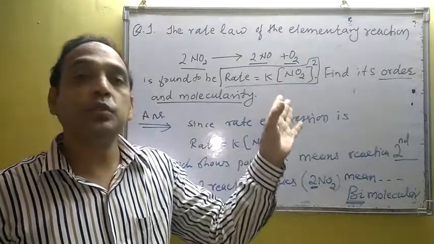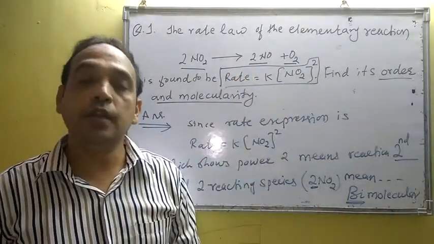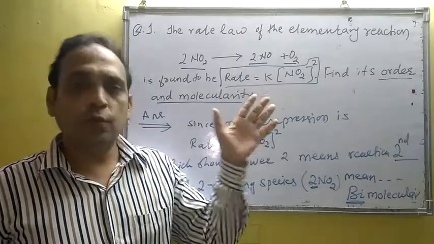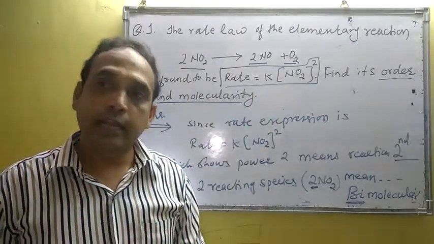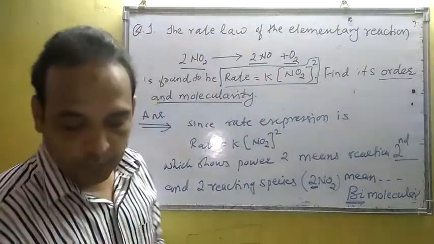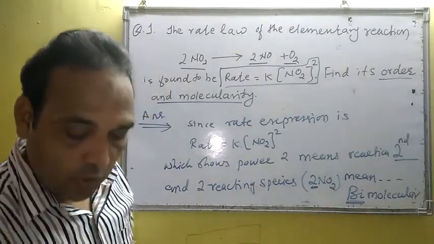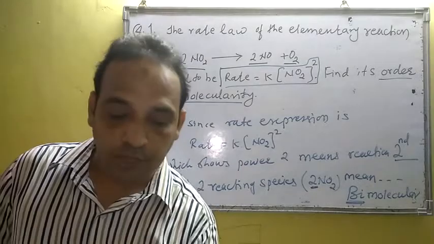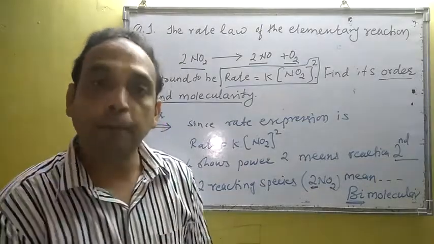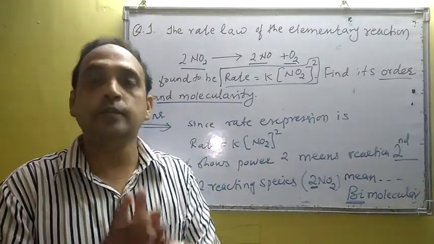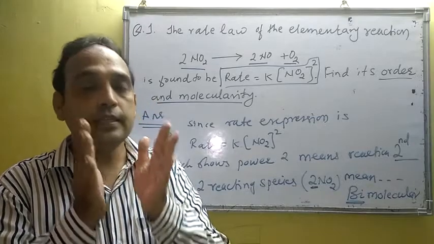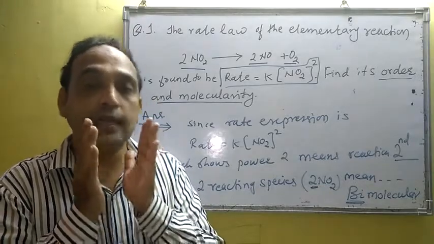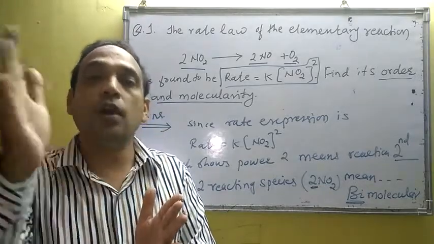Such type of question may be asked in your paper. Okay, such type of questions are also given in your textbook. Just go through your textbook. So dear student, what is order of reaction and what is molecularity of reaction? The order of reaction is the sum of the powers of concentration terms in the rate law expression.